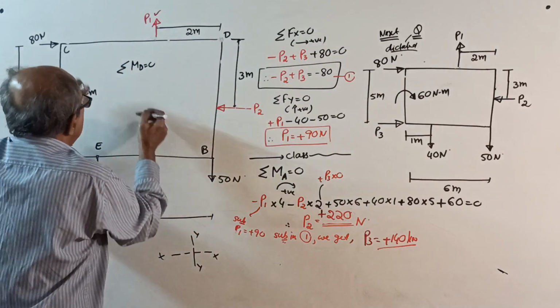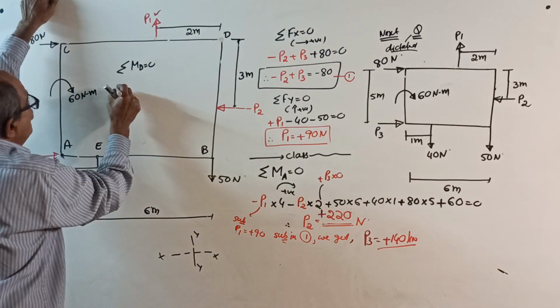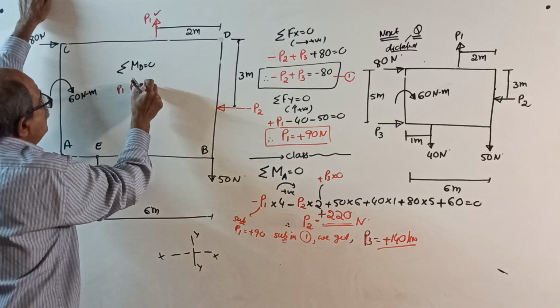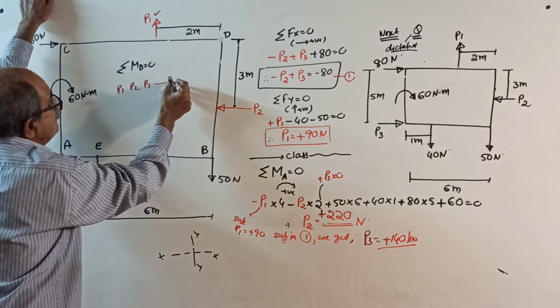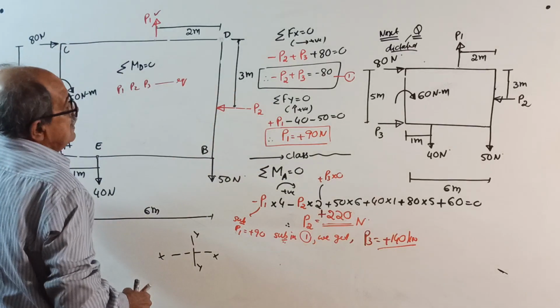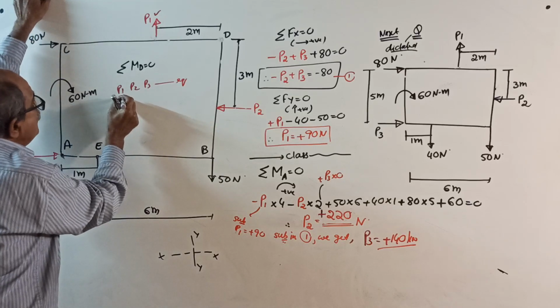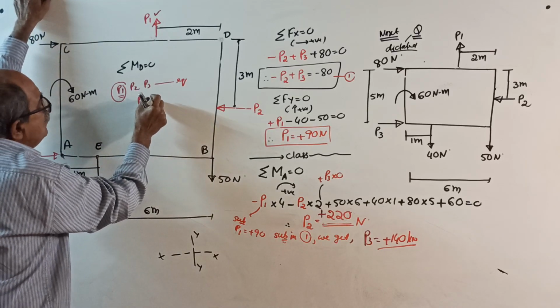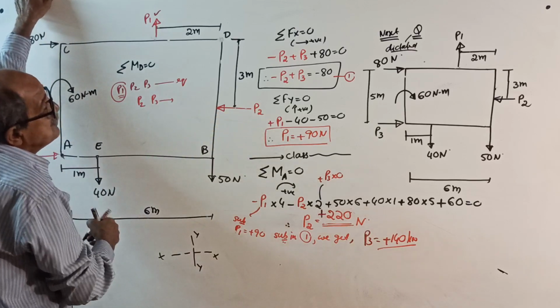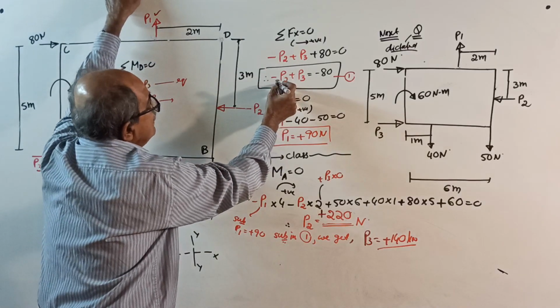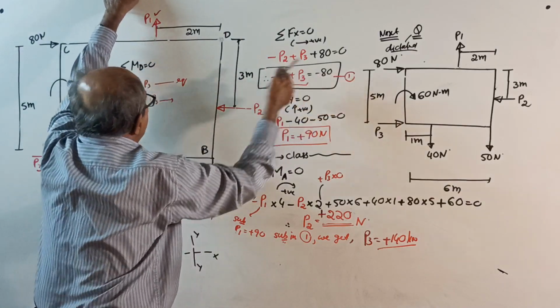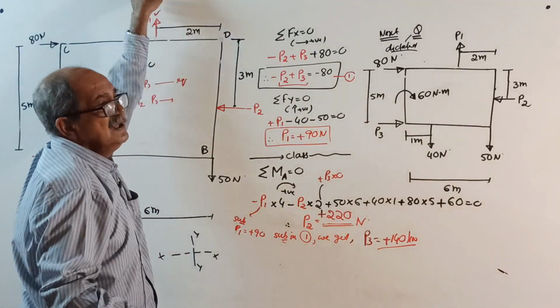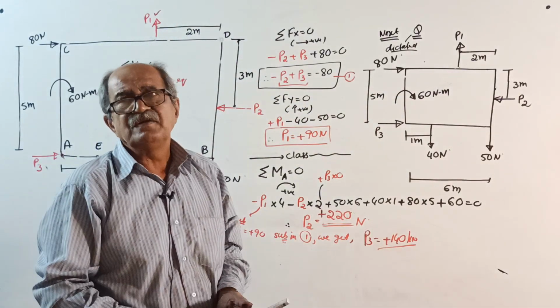You will get one equation in terms of P1, P2, P3. But you already know the value of P1. Substitute for P1, so one equation comes in terms of P2 and P3. There is already one more equation in terms of P2 and P3. Solve that one with this one, and you get all the required answers.